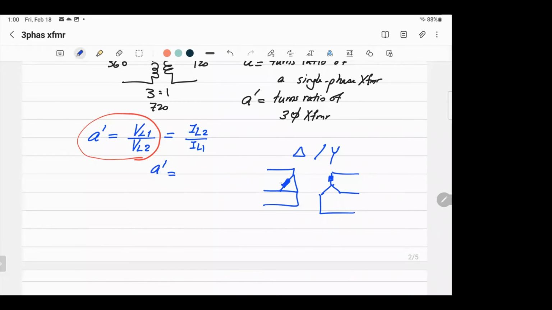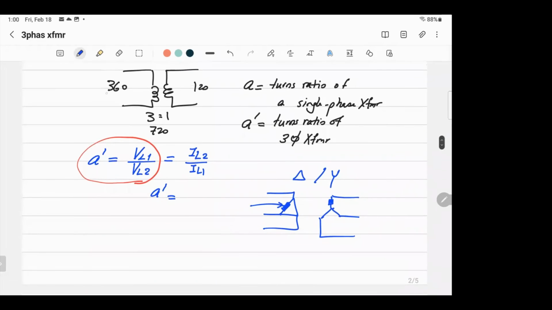So the phase voltage here, according to the single phase, is 360. And the phase in the second side is 120. Now I'm connecting them, the first one, or the primary, as a delta, and the secondary as star.